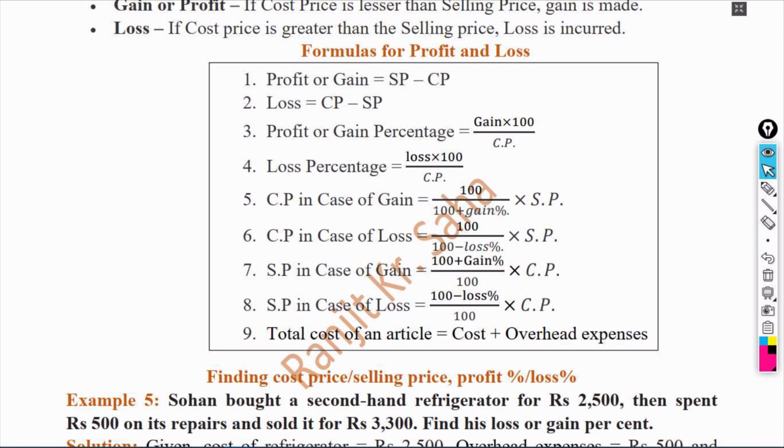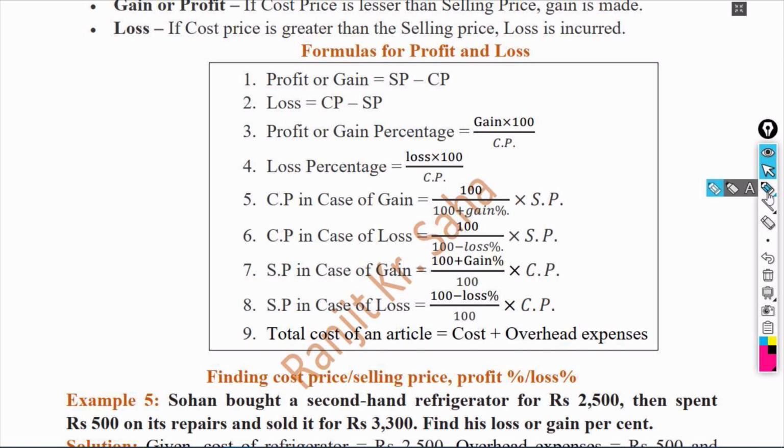Now, after getting the profit, you can find the profit percent or gain percent by gain by CP into 100.